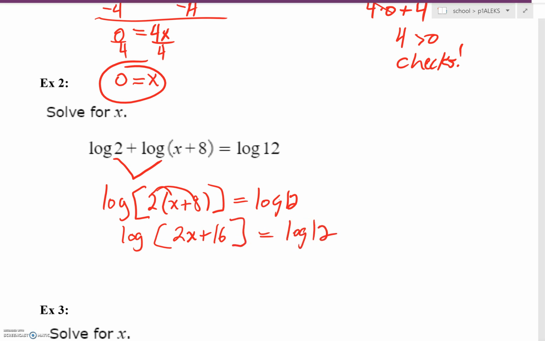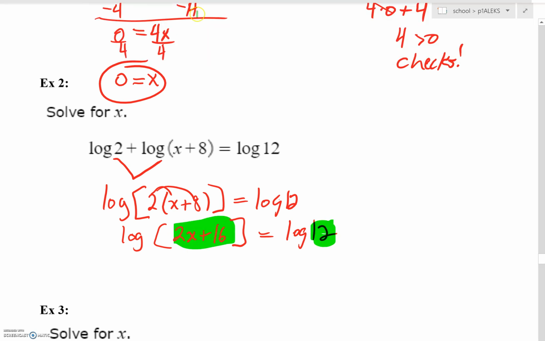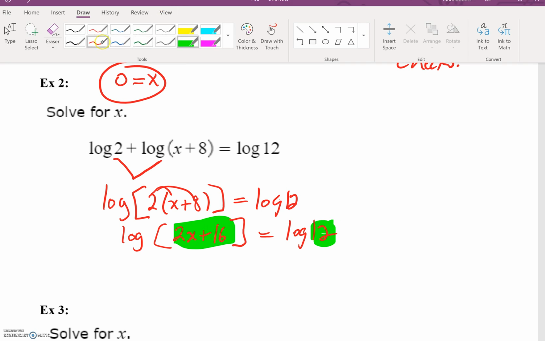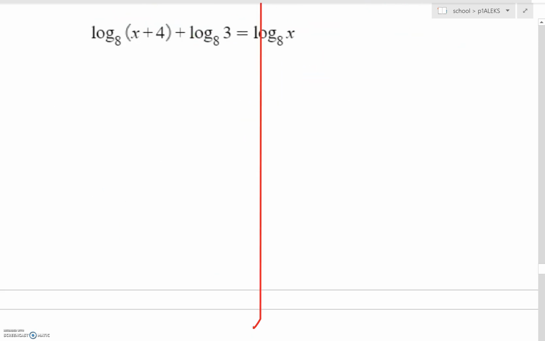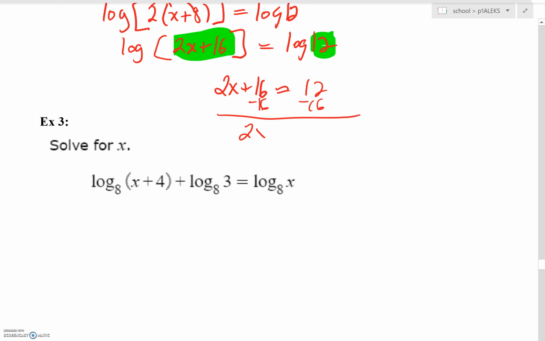So here's where we have to look at the inside of this log, the inside of this other log, and realize that these insides must be equal. So if we subtract a 16, we'll have 2x is equal to negative 4. And then when we divide by 2, we'd get x is equal to negative 2.